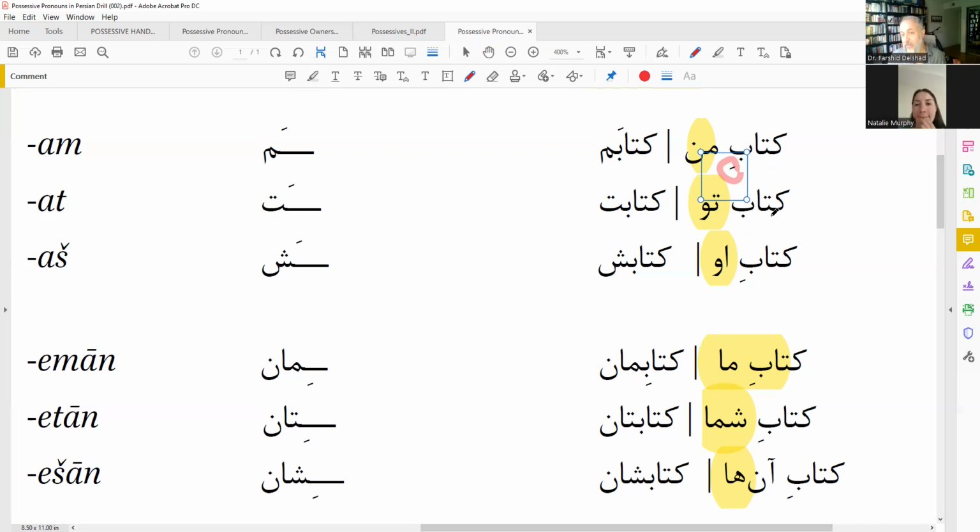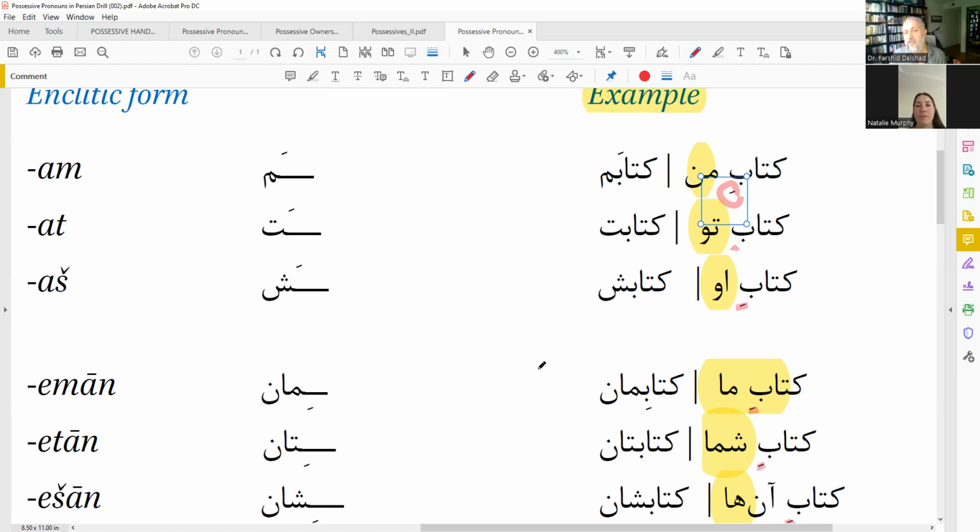That would mean book, I. So you have to say ketab-e man. And that repeats everywhere: ketab-e to, ketab-e u, ketab-e ma, ketab-e shoma, ketab-e anha, which literally means my book, your book, his or her book, our book, your book, and their book. So this is the plain form of the possessive pronouns.